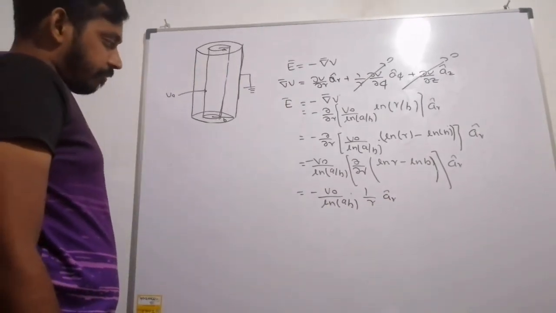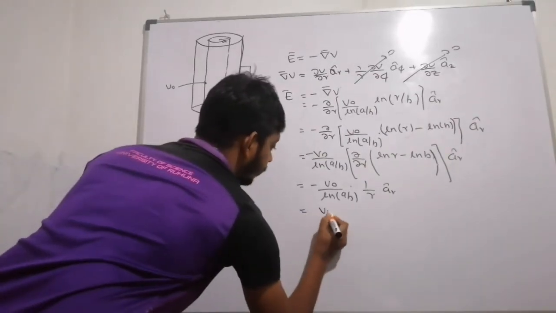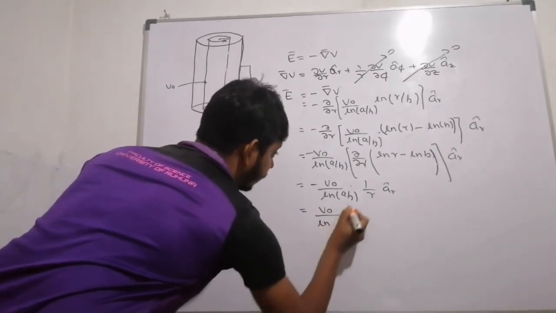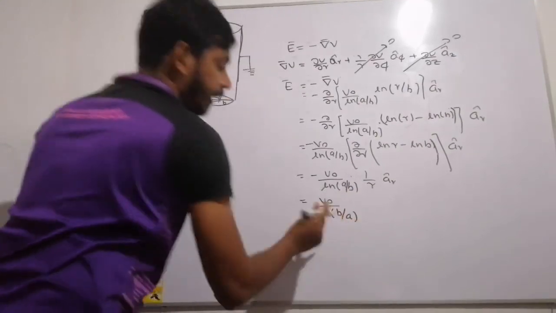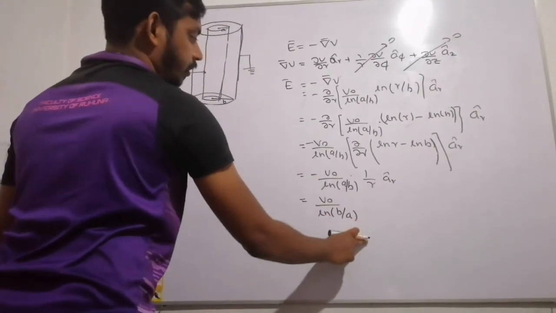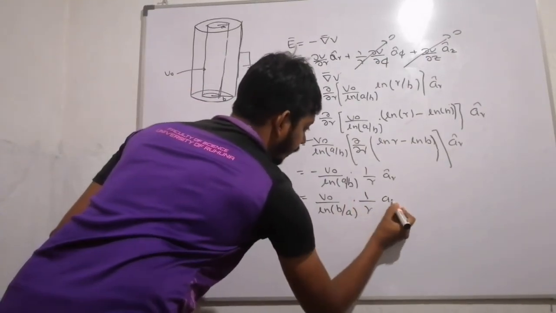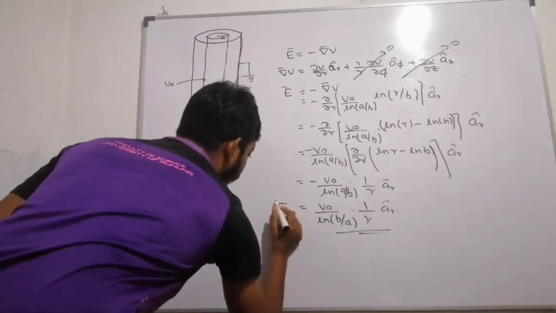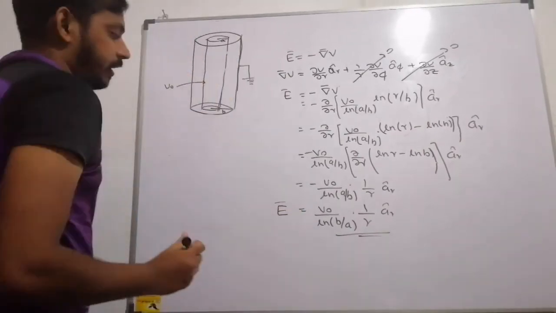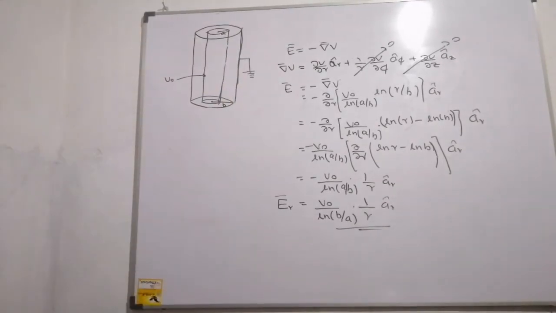If we multiply by the minus sign, it becomes V naught over ln B over A, not A over B, B over A here. Do you get it? Times 1 over R a_R. This is the electric field component. I can call it E_R because it depends on R.